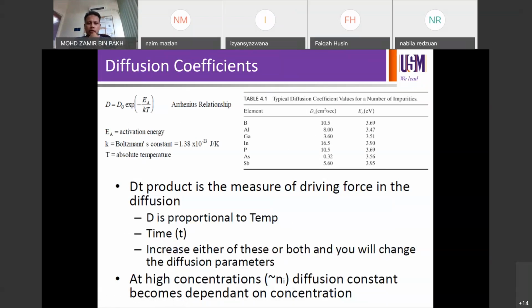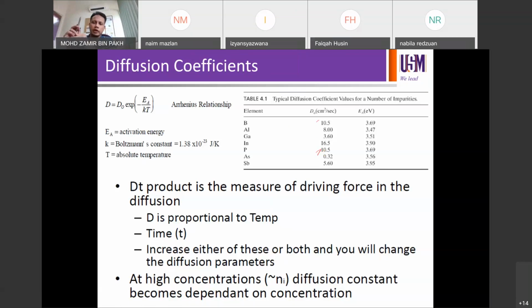To calculate your value of D, you use the values given in Table 4.1. You can see various values of D naught in centimeters squared per second for different dopants. For example, boron is 10.5, aluminium 8, gallium, phosphorus 10.5, arsenic 0.32, antimony 5.6, and the corresponding activation energy for the respective dopant.